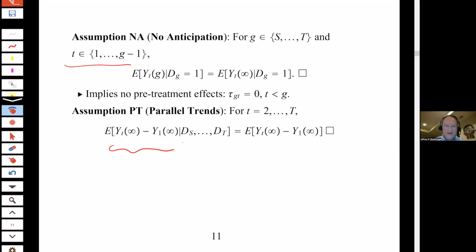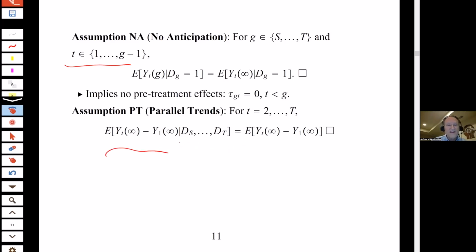If we only had a single cross-section, say only time period 1, with the treatment and the control, then we would have to assume that the treatment is unconfounded with respect to the level. And that's, of course, the strongest: actually independent of the level.